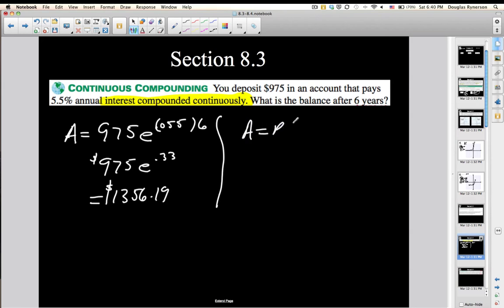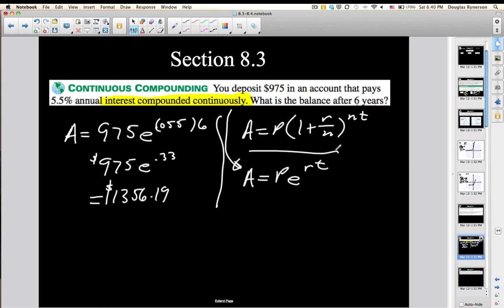A is equal to principal times 1 plus r over n to the nt power. That's for being compounded in a discrete number of times per year. Compounded continuously would be principal times e to the rt power.